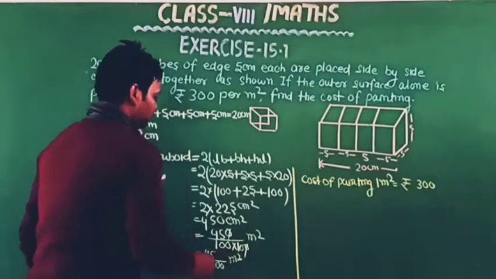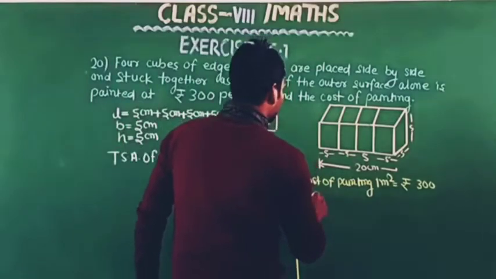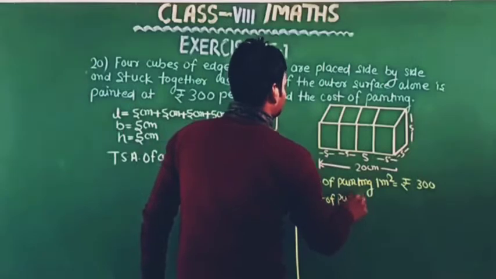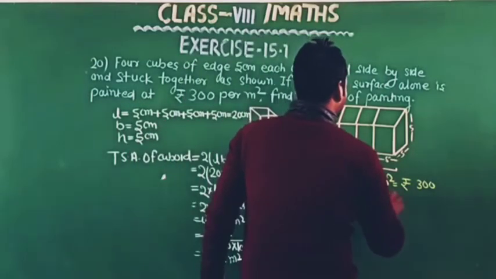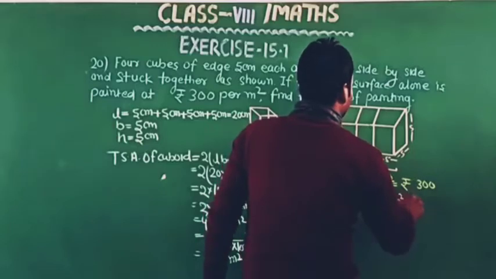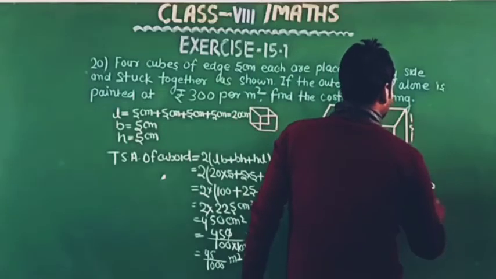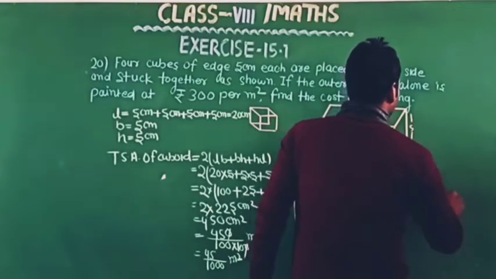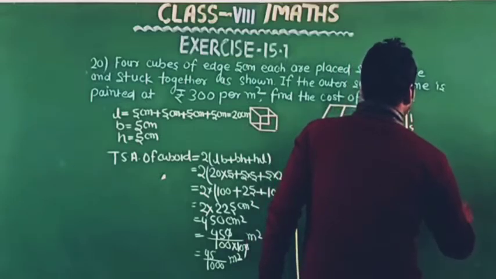Therefore the cost of painting 45 upon 100 meter square is equal to 300 into 45 upon 100.